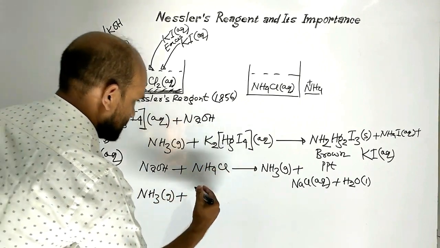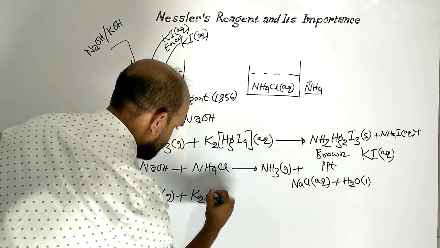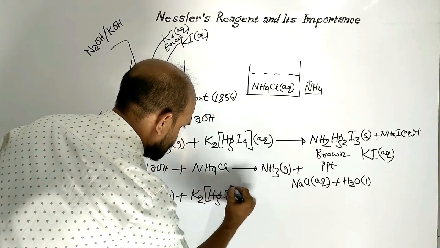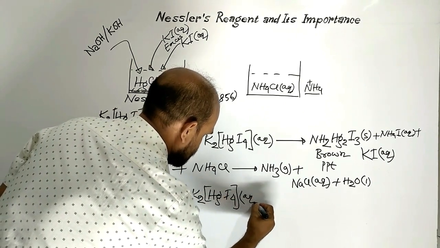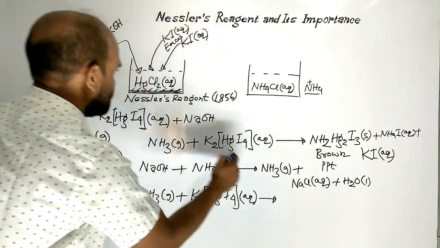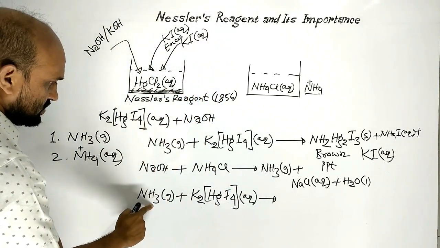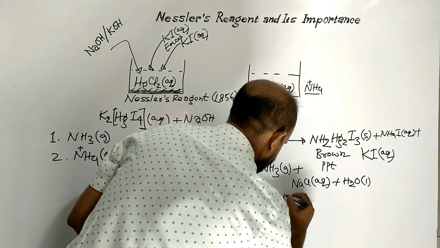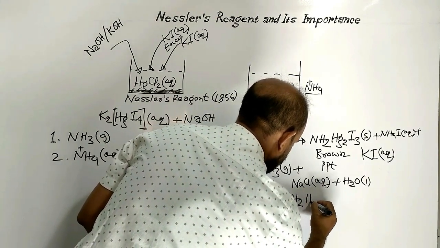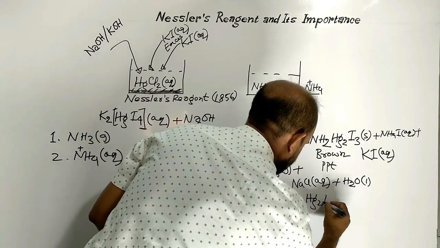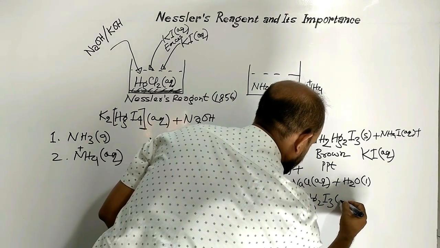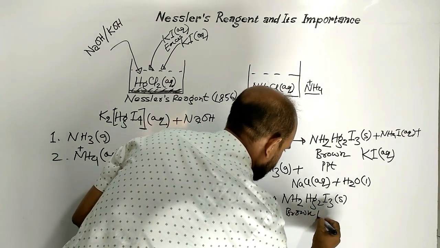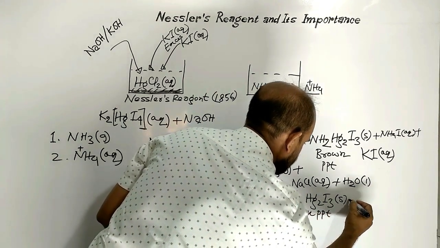Now, this ammonia gas reacts with Nessler's reagent, potassium tetraiodomercurate 2, which is soluble in the solution. Then ammonia forms a brown precipitate of amino mercuric iodide, brown precipitate.